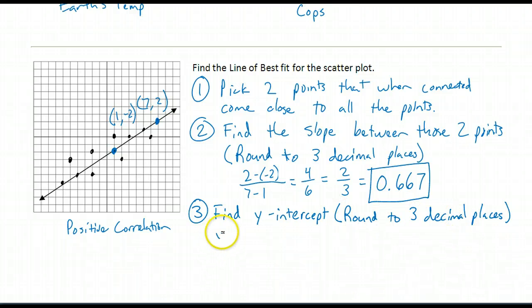To do that, I'm going to plug in the information that I know and solve for b. I know that my slope has to be 0.667. I know that when x is 1, y is going to be -2. Now I just need to solve for b.